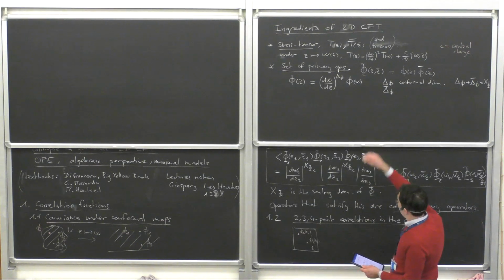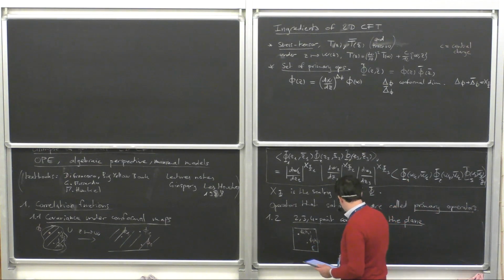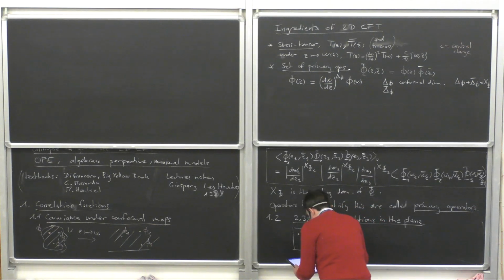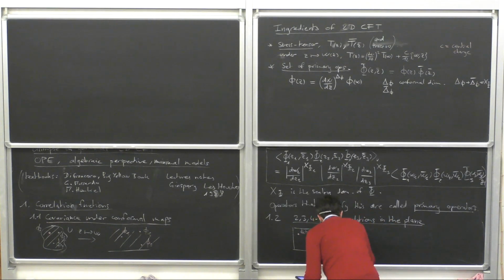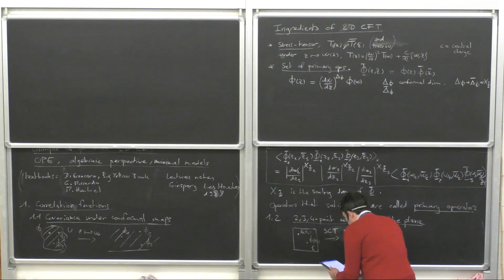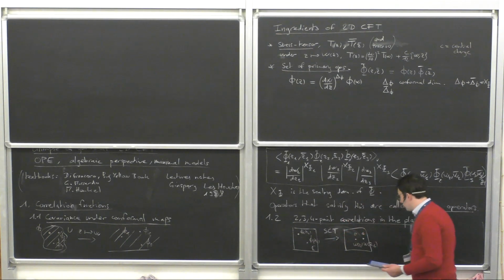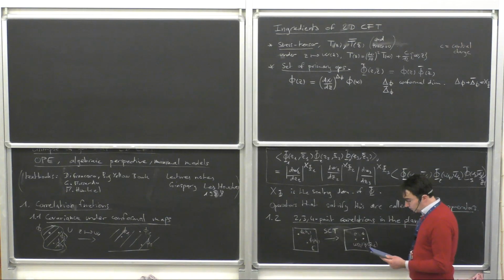Okay, so according to this transformation law here, what I can always do is find a special conformal transformation or global conformal transformation that maps z1 to 1 and z2 to 0. So 1 is w of z1, 0 is w of z2, say. So I can always find a special conformal transformation that does this.